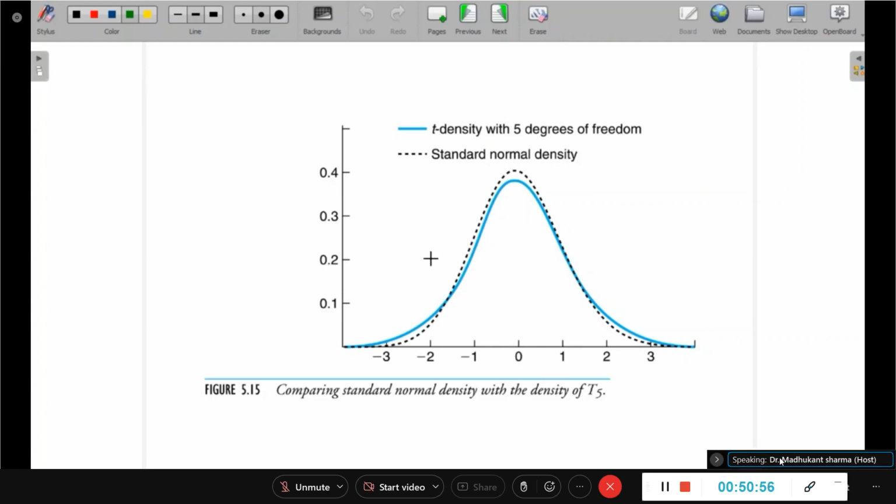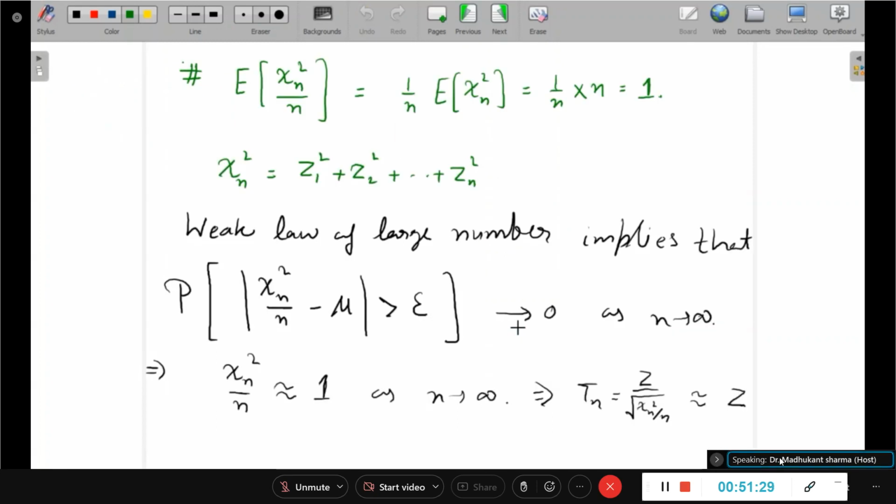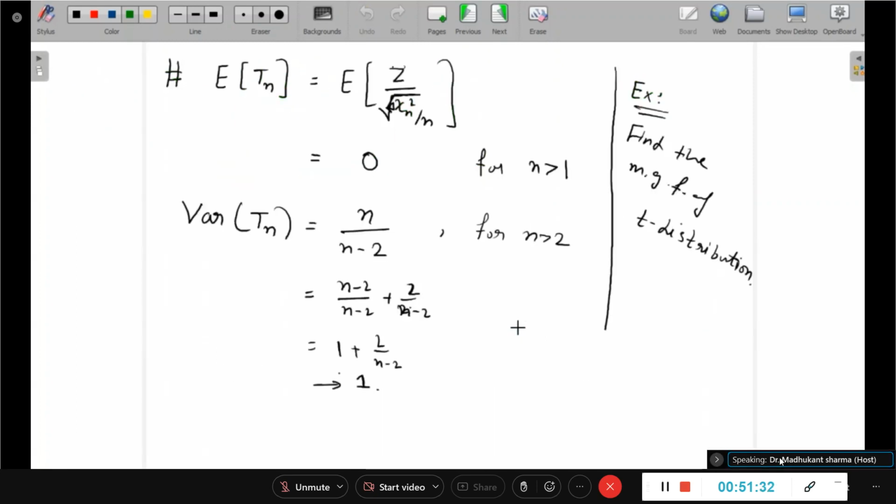You can establish that fact, that the expectation of Tn, the mean of this Tn, is going to be 0, by identifying the MGF and all that. Now, since it is symmetric about 0, how will it help you? What is the nice property attached with this? Let's go further.